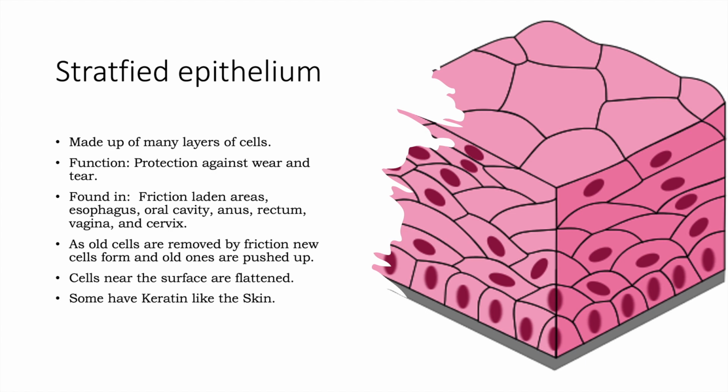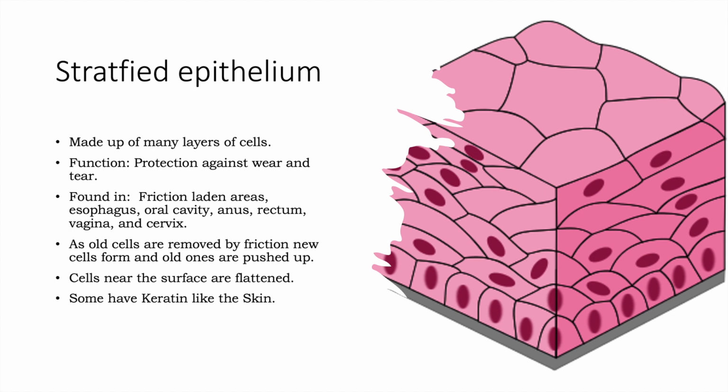Non-keratinized stratified squamous epithelium is found lining wet surfaces that are subjected to abrasion, such as the lining of the mouth, the esophagus, the epiglottis, and the vagina. However, the keratinized version is found on the epidermis of the skin.